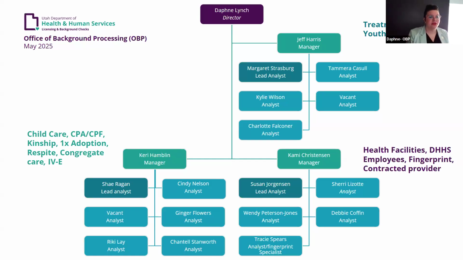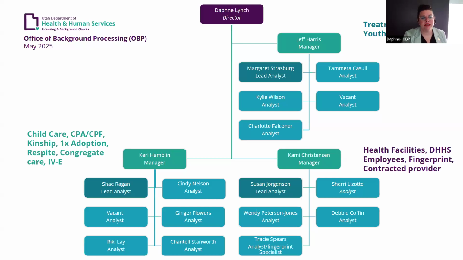So we have the 3 teams, as you can see. Jeff's team is over human services treatment, DSPD, youth transport applications. We've got Carrie's team who is over the child care, as well as child placing adoptions and fosters, our congregate care and youth programs.